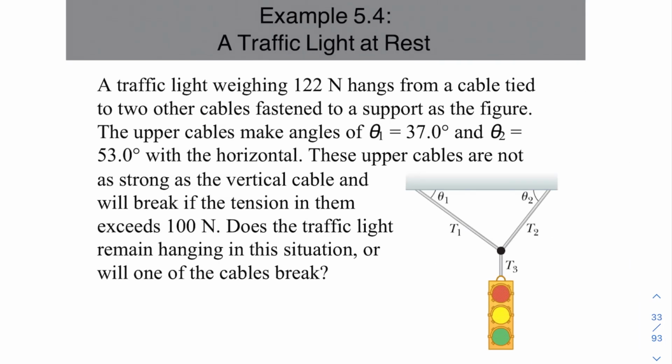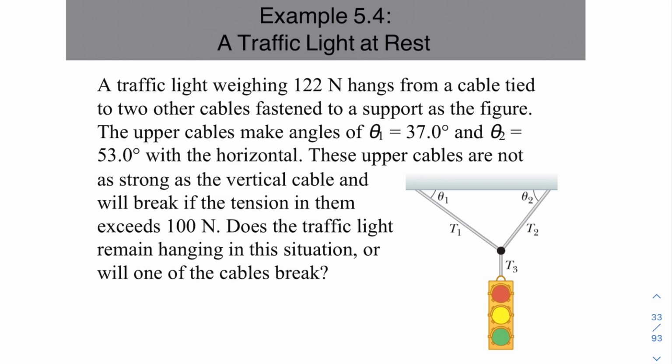So let's take a look at example 5.4, a traffic light at rest. A traffic light weighing 122 Newtons hangs from a cable. So 122 Newtons is already the weight of the traffic light. It is tied to two other cables fastened to a support as in the figure.